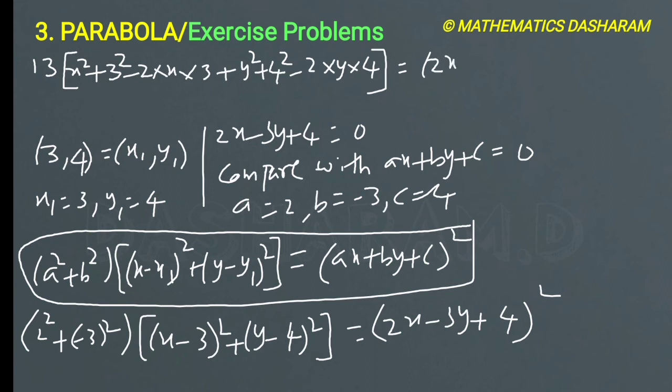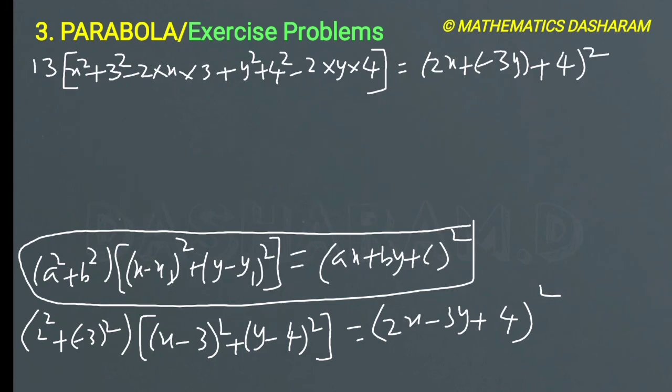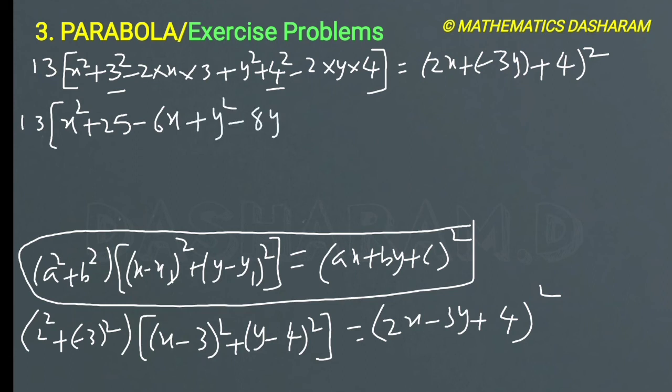So 2x plus of minus 3y plus 4 whole square. So 13 bracket of x square, here 3 square 9, 4 square 16, so total 25 minus 6x plus y square minus 8y equals to, here a plus b plus c whole square formula.